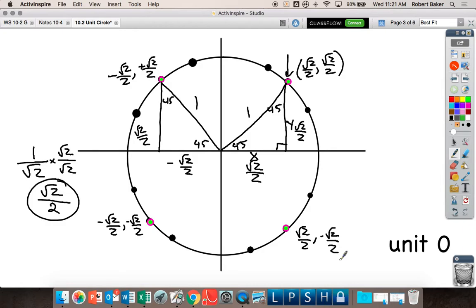Would you like to do degrees or radians? Degrees should be fine. So to get from here to here: 0 degrees, 45 degrees, 90 degrees.